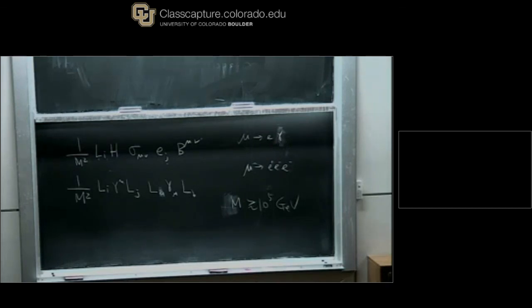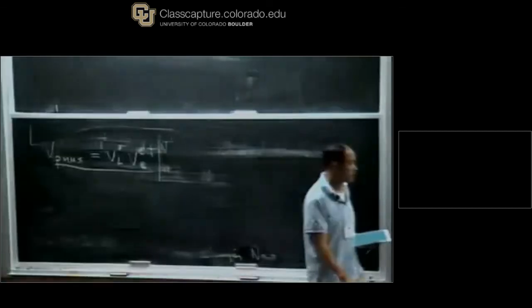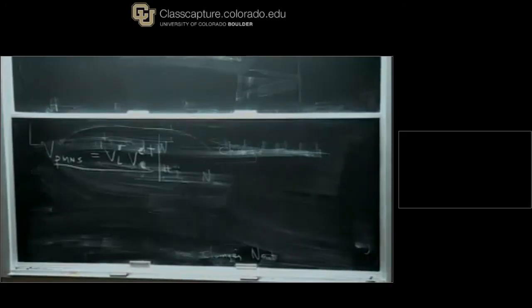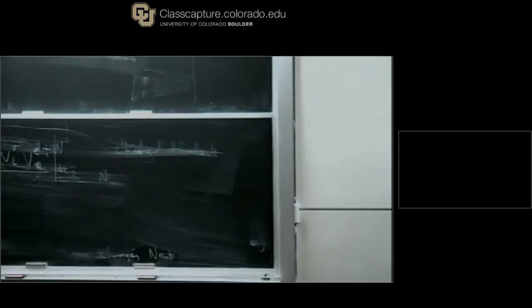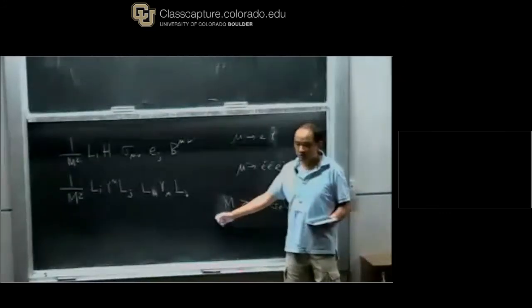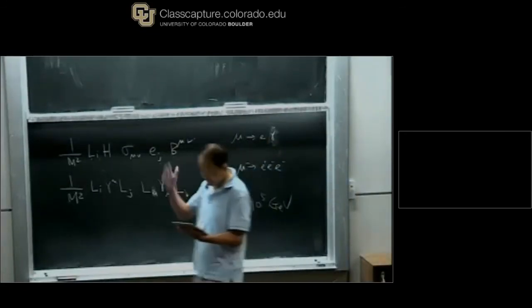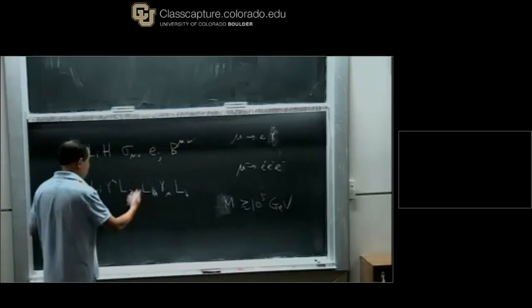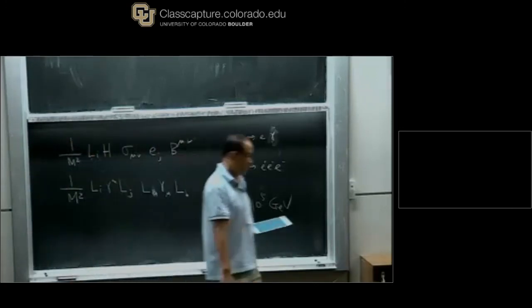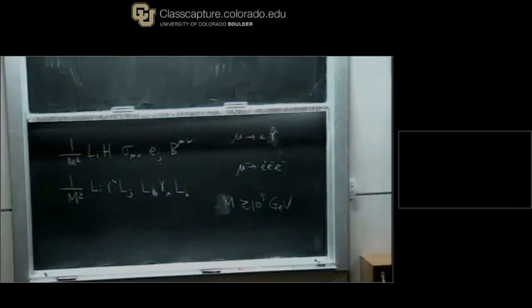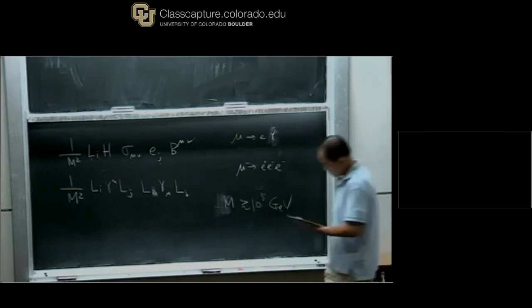Except perhaps there's one parameter here in the neutrino sector that still needs to be determined. So any additional flavor violation effect has to be fairly strongly suppressed. The suppression scale is from 100 TeV to 10,000 TeV.